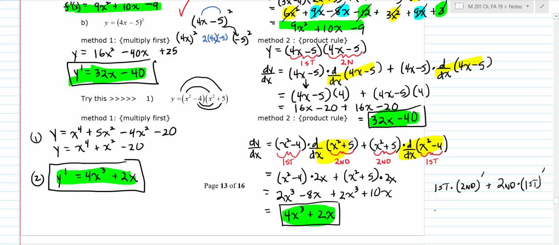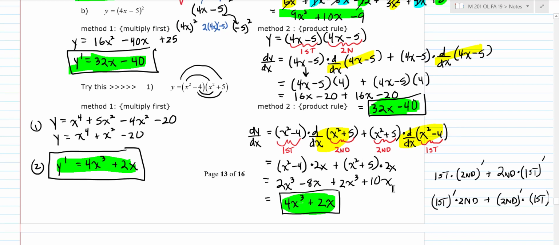A lot of times textbooks will say derivative of first times the second, and then they'll say plus the derivative of second times the first. I guess I wasn't taught that way. Probably my calculus textbook showed what I did. It's just been so long ago I don't remember, but you can do it either way. I mean, it's the same thing. You're going to get the same answer. So I don't care which way you do that.